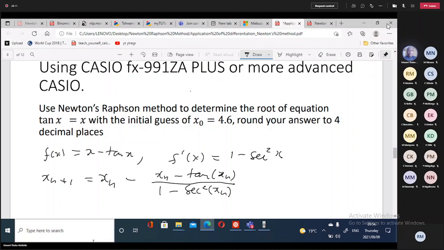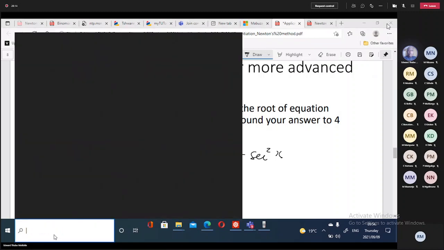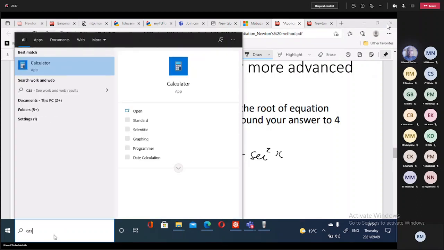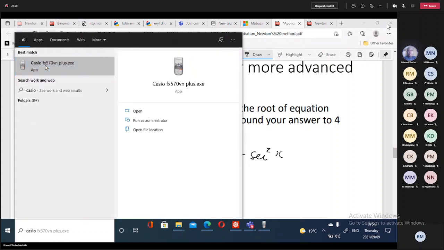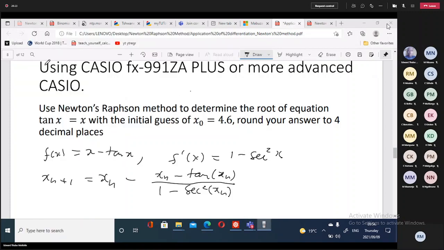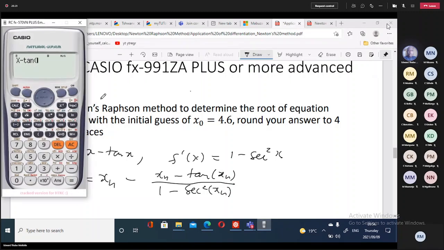Okay, let's do that. Okay, so let's try to do that. We need this guy here. So it's alpha xn minus tan alpha xn. Let's try it again. Alpha xn, close the bracket.